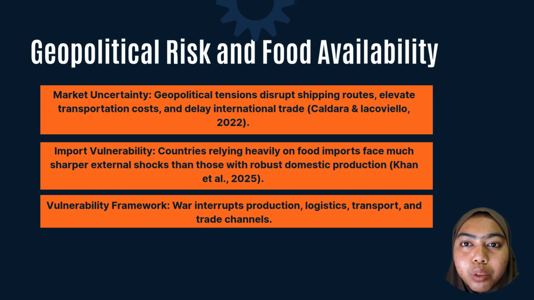A prime real-world example noted by the FAO in 2024 was the Russia-Ukraine war, which crippled global exports of essential wheat, maize, sunflower oil, and fertilizer, immediately plunging multiple importing nations into food shortage and high inflation.